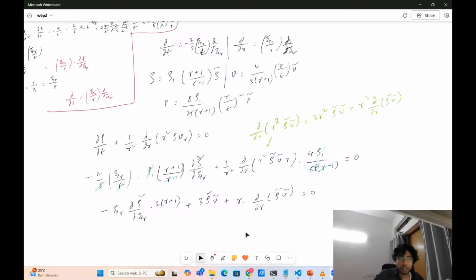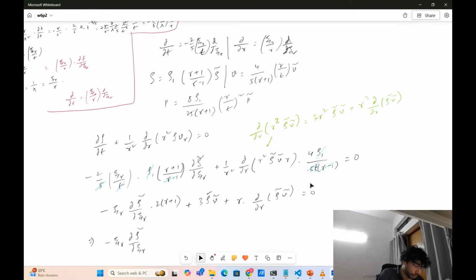Okay, now the last step to do is replace this del r, right? We'll replace this del r with xi r by r del xi r. So the first term will remain as is. We'll just take this 2 gamma plus 1 factor and divide the whole thing by 2 gamma plus 1.